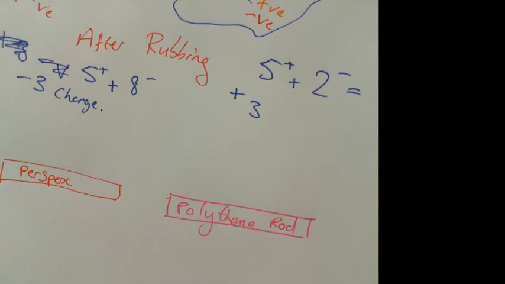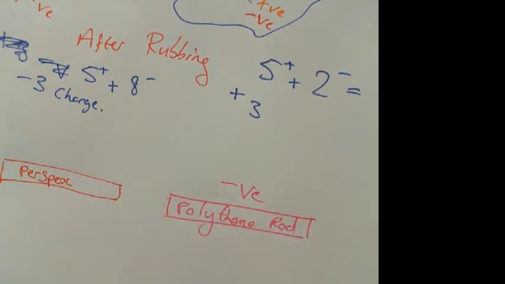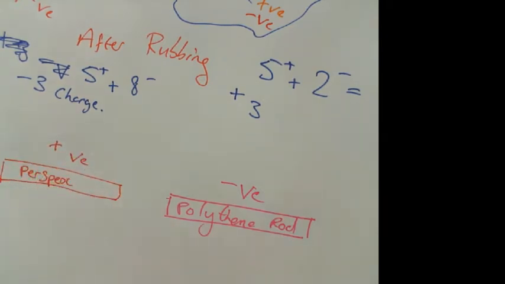What's going to happen to them? Well, I know that my polythene rod gained electrons, so I know that that is negative. And I know that my perspex rod does the opposite, so I know that that's going to be positive. So I know that these two are going to be attracted to each other.